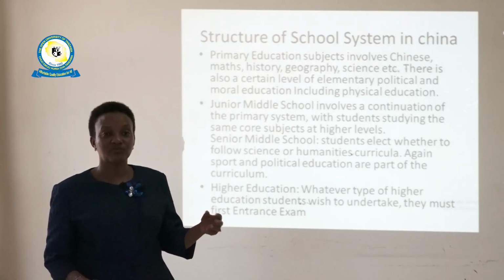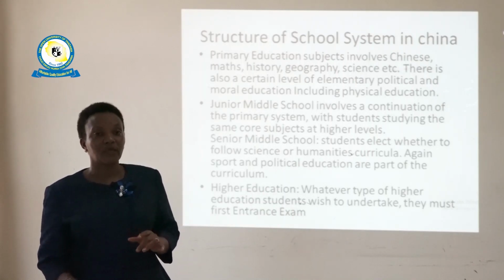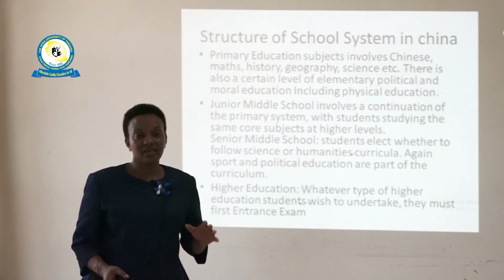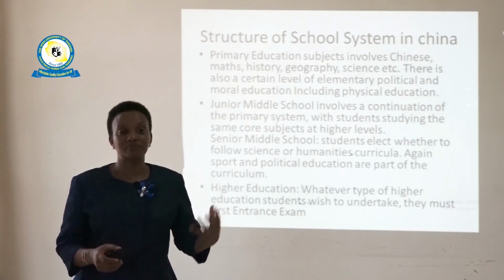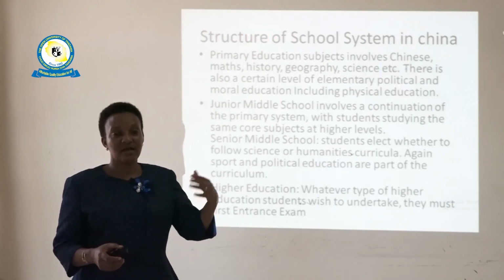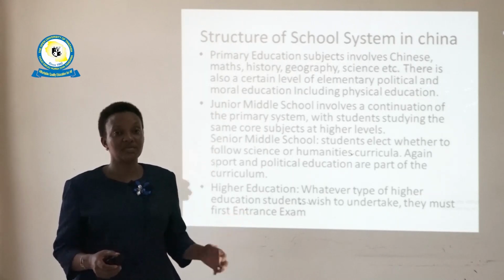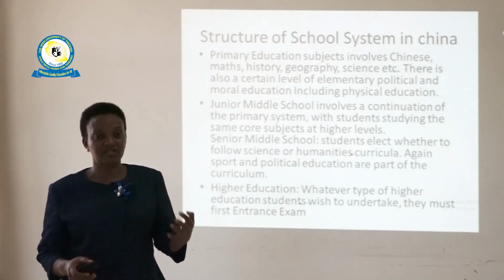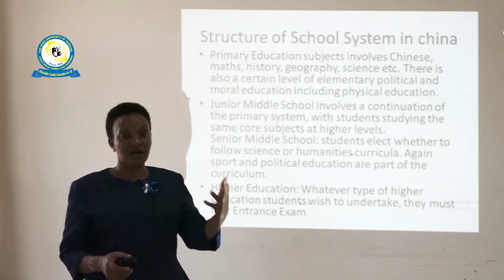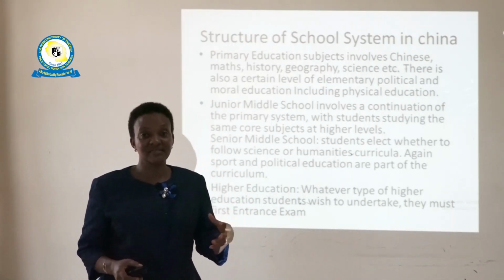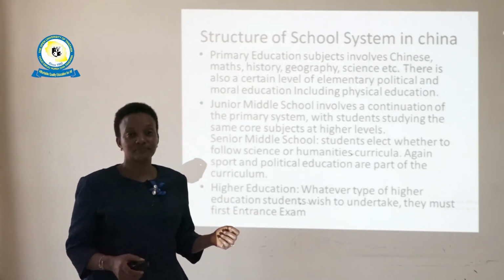Students elect whether to follow science or humanities in the senior middle school. So here a student has the option to choose which area of study, which specialization, he or she wants to study. So he or she can choose either science or humanities according to his or her ability, interest, and so on.